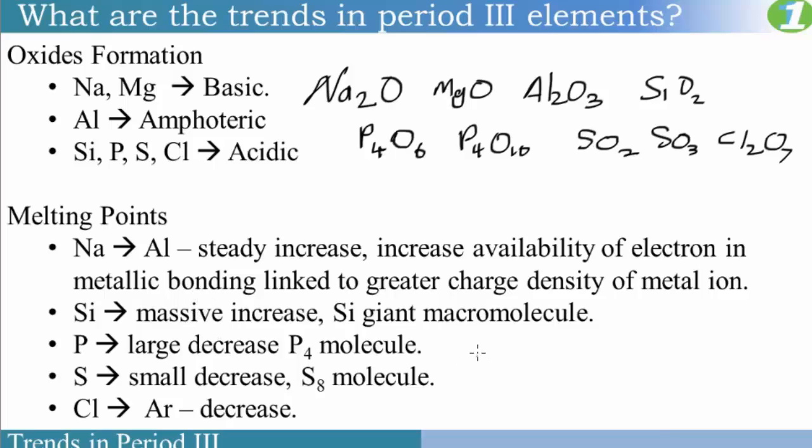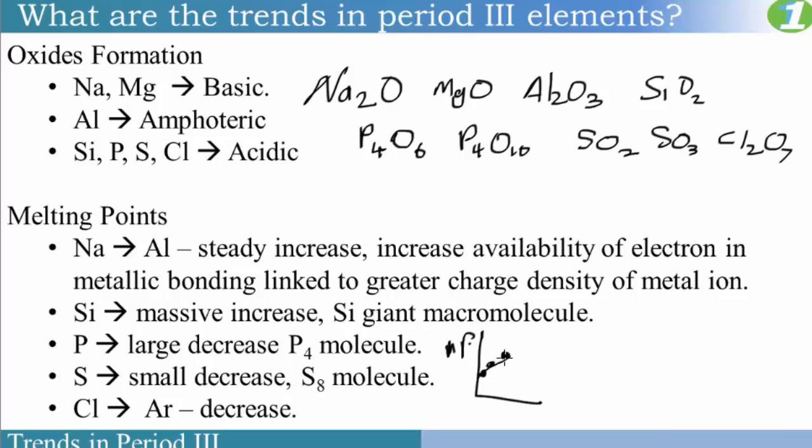So you should observe, if we have a graph like this to show you in terms of melting point here, then you'll see a steady increase from sodium to magnesium to aluminum based on the number of mobile electrons that are present.